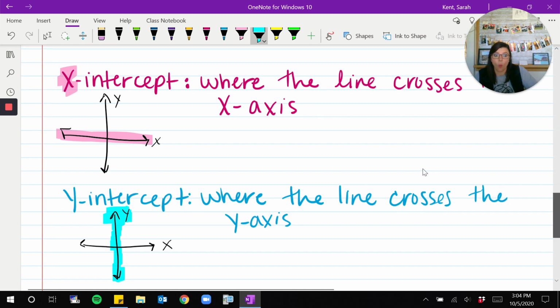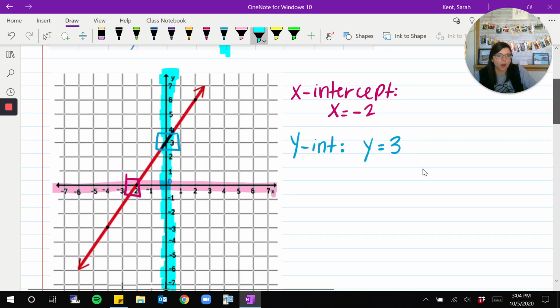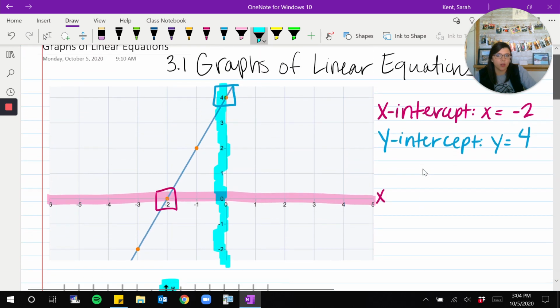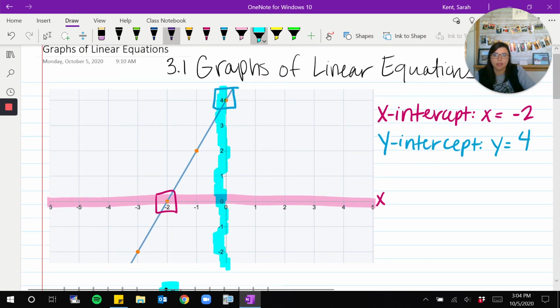And we've got one more piece that we are going to look for. And this is something called our slope. So we're going to see how much does our graph move from this point at -2 to this point at 4.